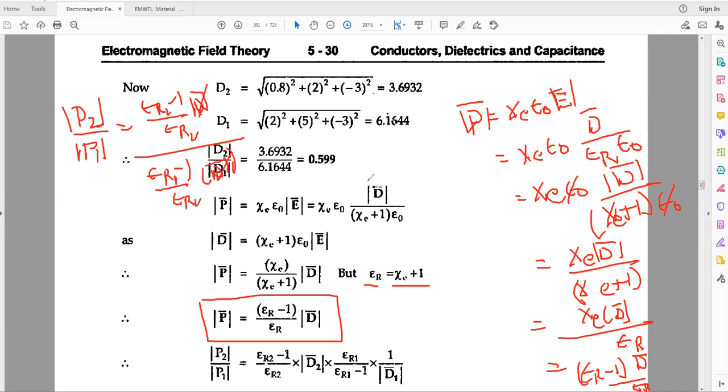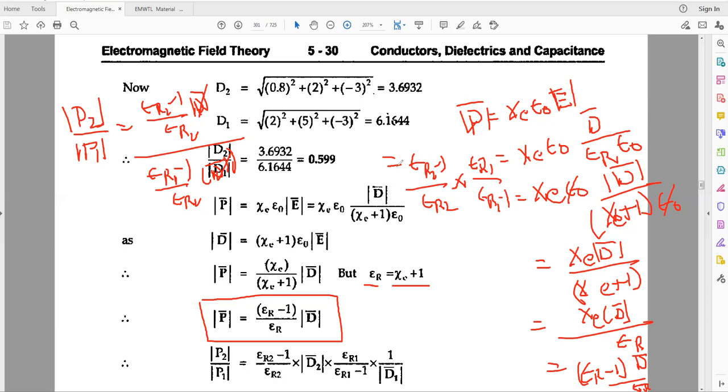So D bar gets cancelled. Then it becomes epsilon R2 minus 1 by epsilon R2, multiplied by epsilon R1 by epsilon R1 minus 1.